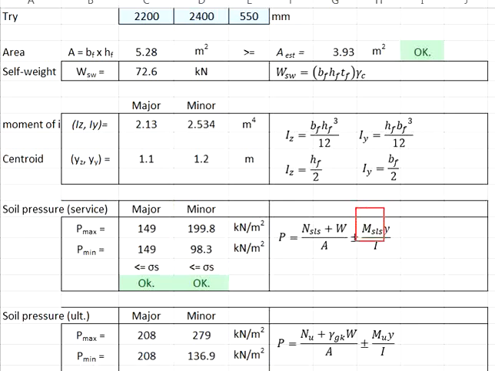Because you have moment in the minor axis, for this example, you will have maximum soil pressure and minimum soil pressure in the minor axis. And this is calculated on the basis of you correctly defining the y and the B and H in the computations of the moment of inertia.